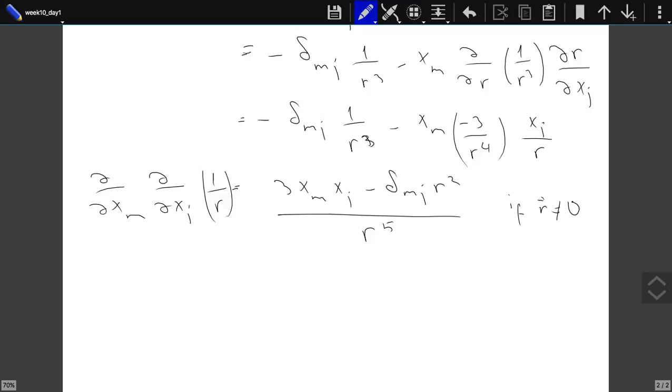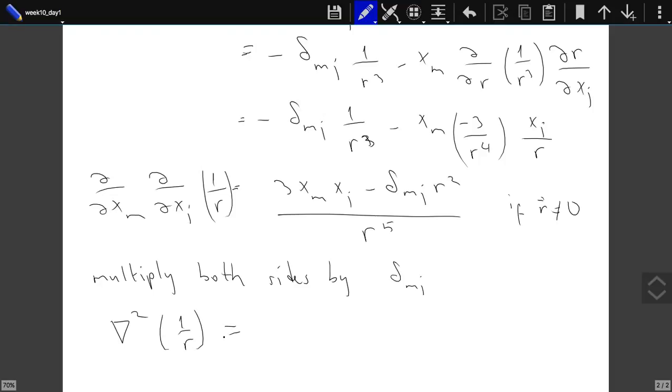Now let's just multiply both sides by Kronecker delta m j. The left-hand side just gives me the Laplacian of 1 over r. The right-hand side gives me (3 x_m squared minus Kronecker delta m m r squared) over r to the 5.